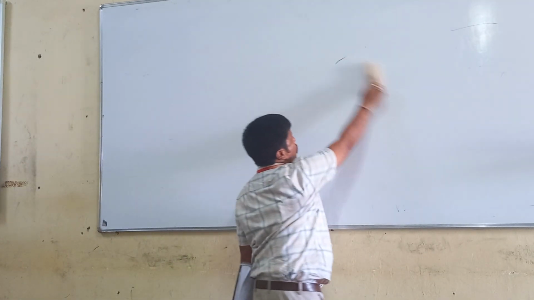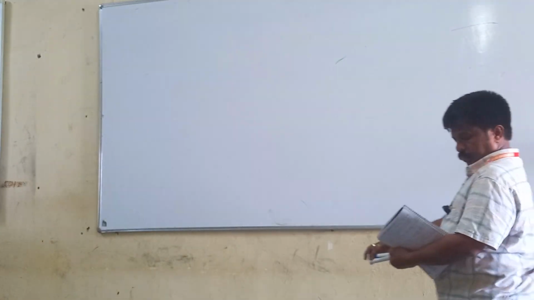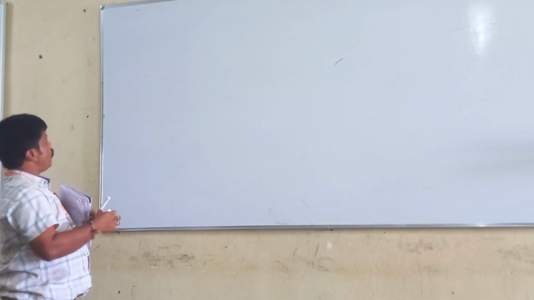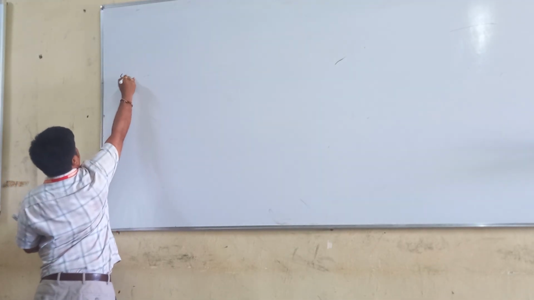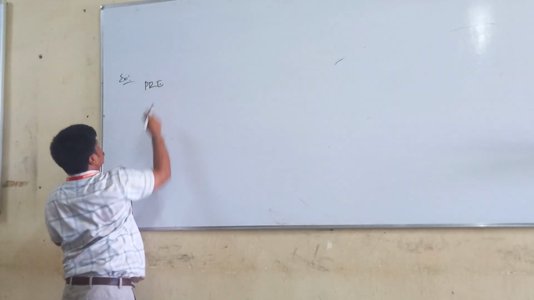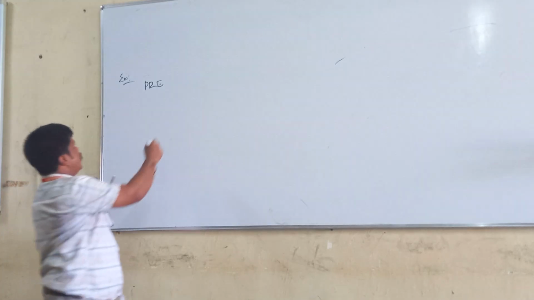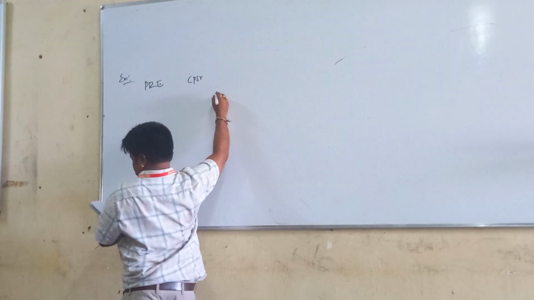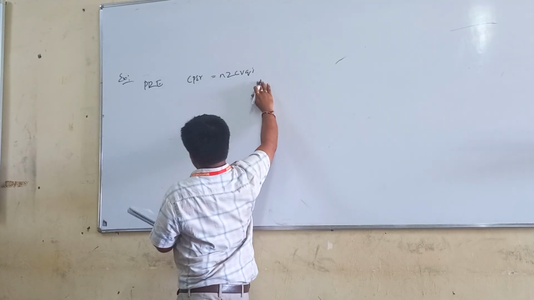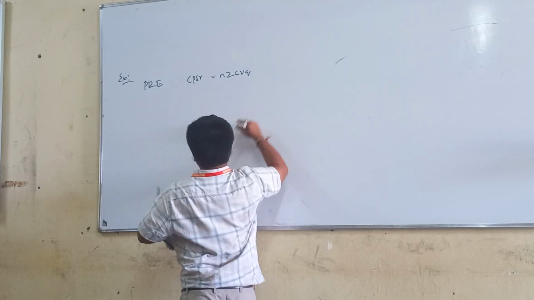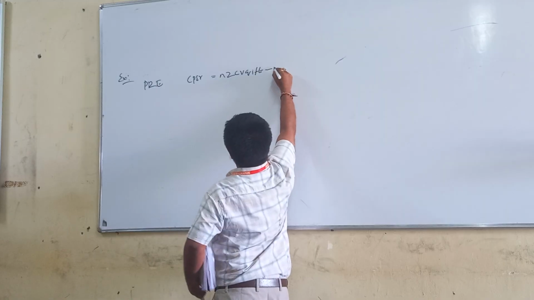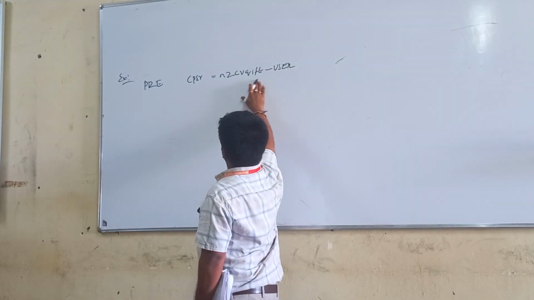For example, precondition: it's nothing but before execution of the software interrupt instruction, we have the CPSR status as N Z C V Q, I F T, then the mode, user.